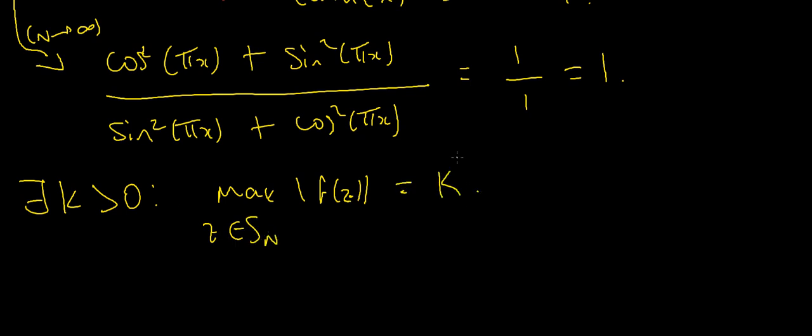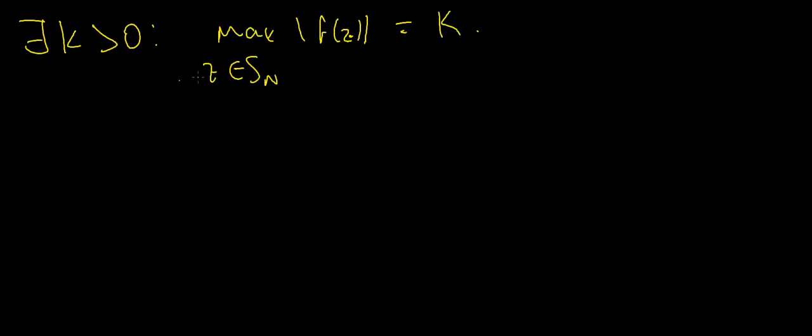So I look at what the maximum values of f are over each of the four sides, and I take the maximum value, and it's going to be equal to k. So putting it all together, what does that tell me?